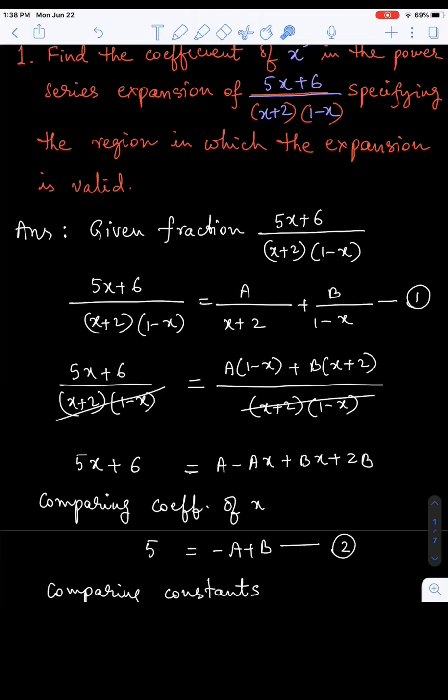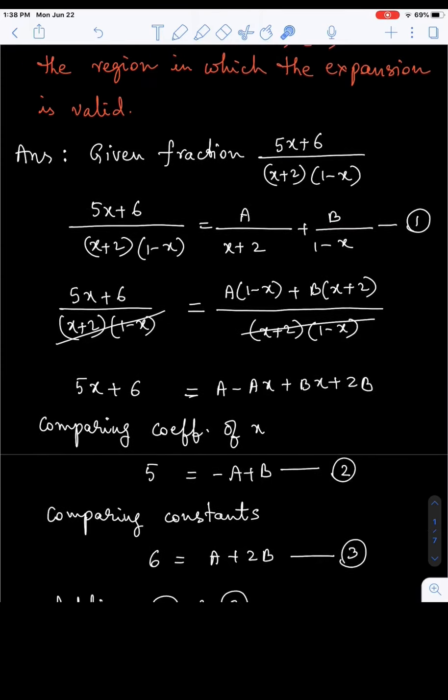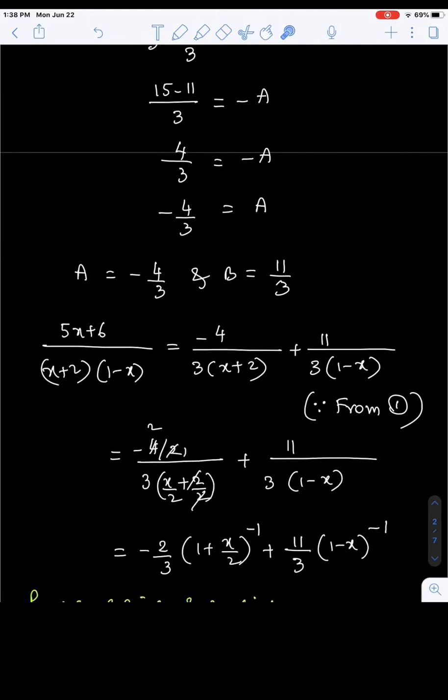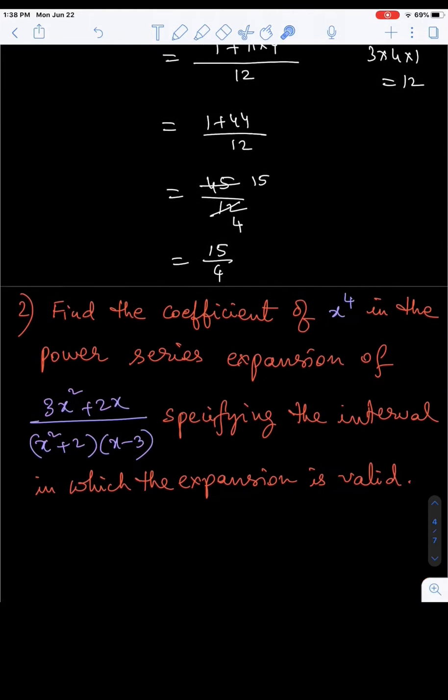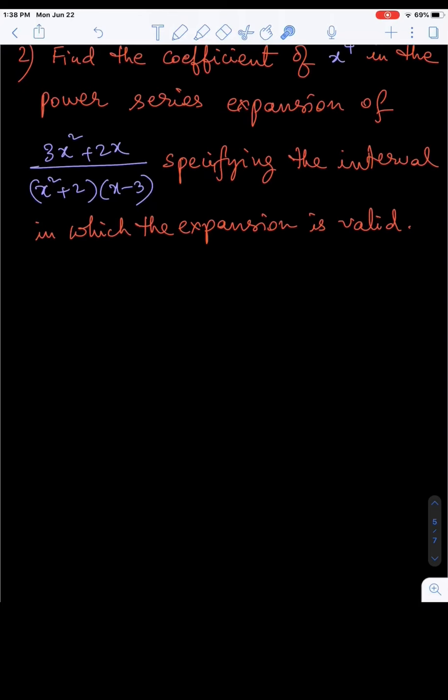Simply linear terms were there, that's why we simply wrote A, B and did it. But coming to this problem, it is not as easy as the first one. If you compare, the first one is easier and this is somewhat harder.